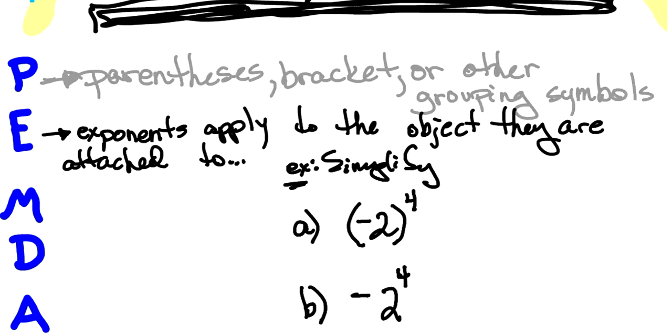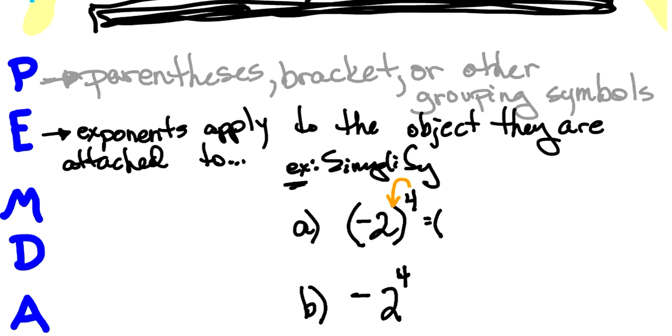Right. So in example A, the 4 is attached to what? To the set of parentheses. So anything in the parentheses would come along for the ride as far as the exponent is concerned. So we're actually raising whatever's in the parentheses to the fourth power.